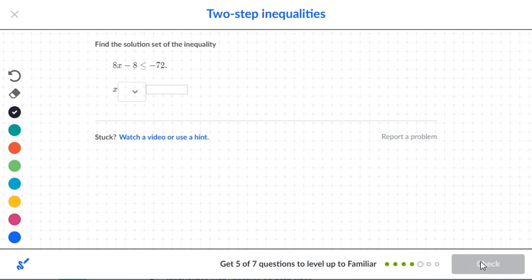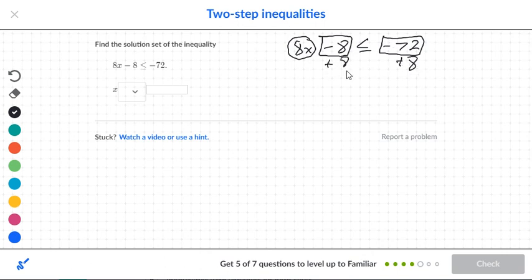Okay, next question. I have 8x minus 8, and then the inequality sign, and then -72. Circle, box, and box.